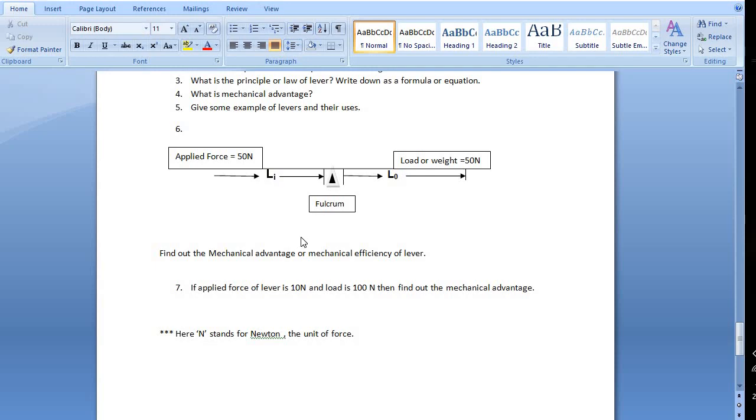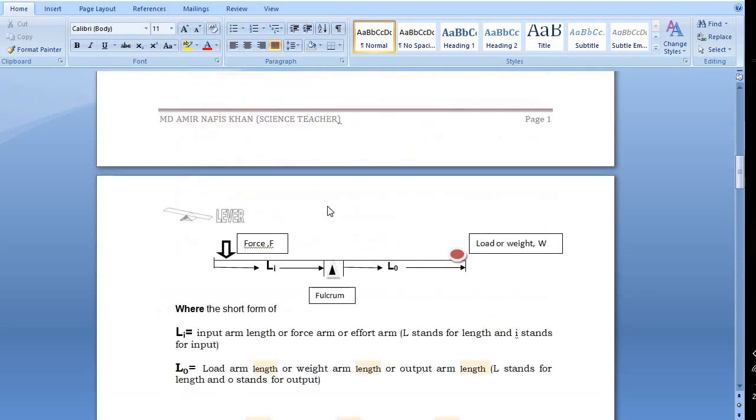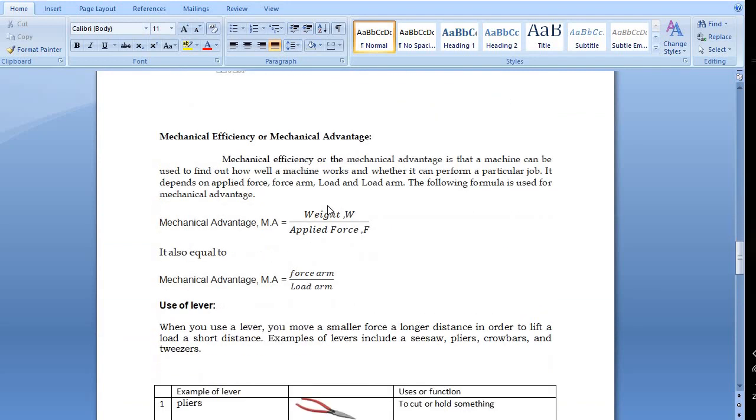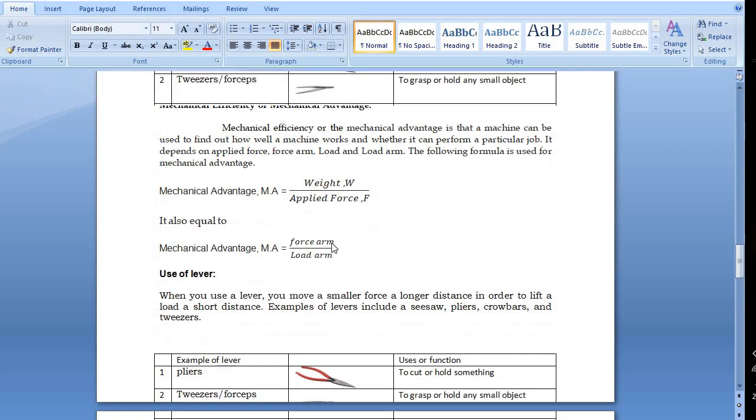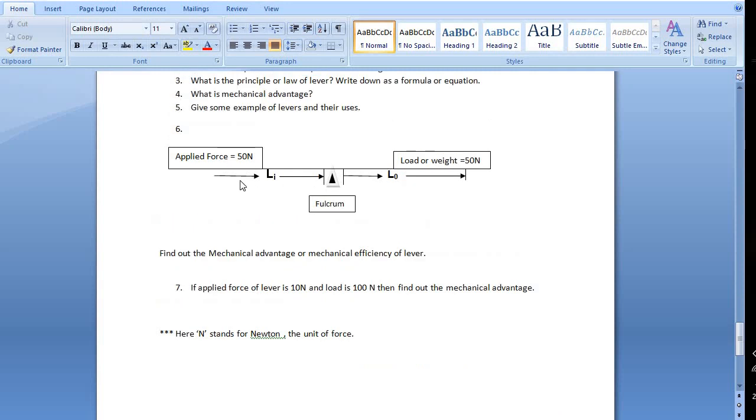The mechanical advantage is equal to the weight divided by applied force. You write the formula, then put in the weight, the applied force and the load, and you will find the answer, which will come to maybe 1.